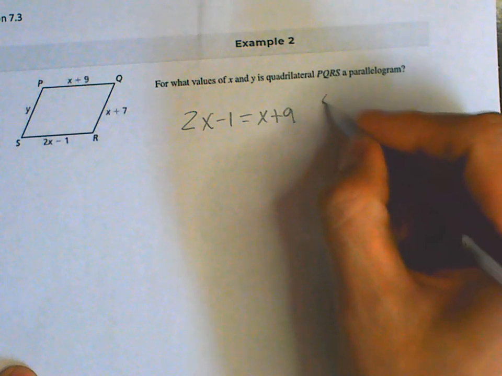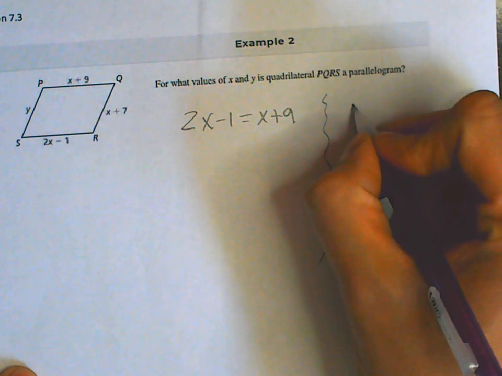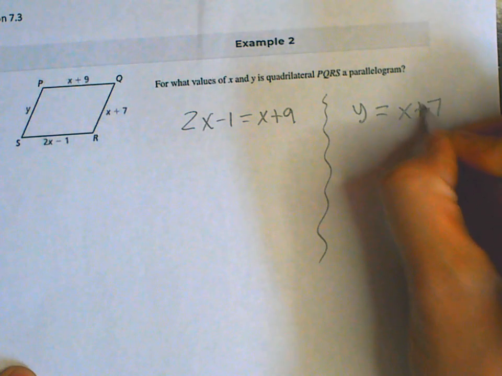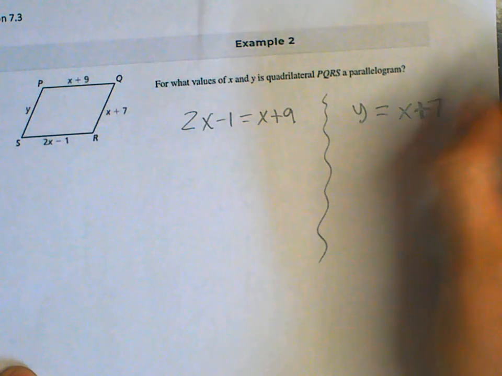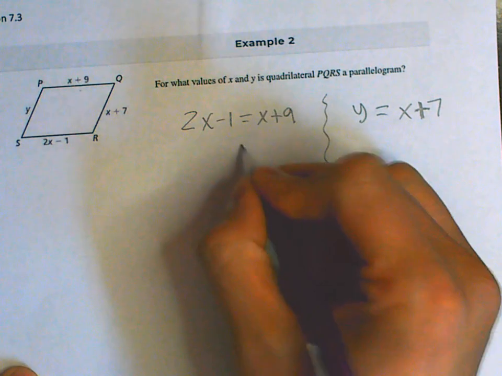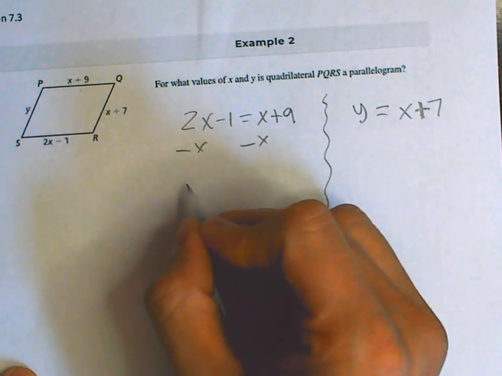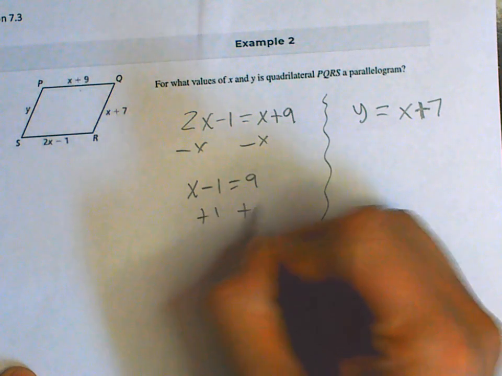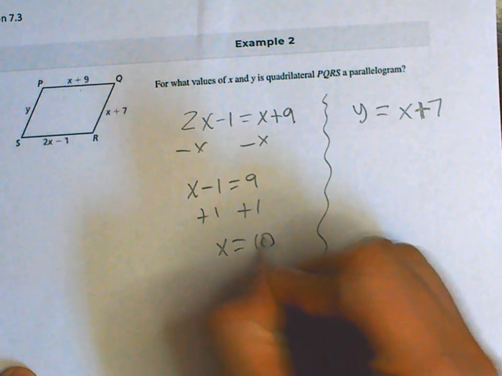And also y equals x plus 7, which I can't solve yet until I solve for x. So these 2 are congruent, these 2 also. So you minus x, that gives you x minus 1 equals 9. Add 1, x equals 10.